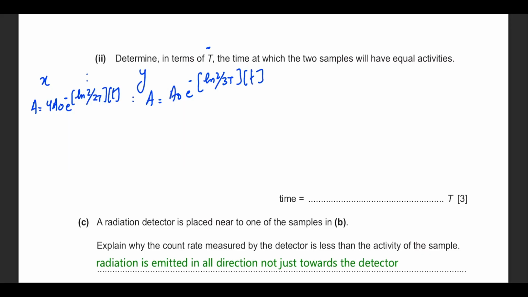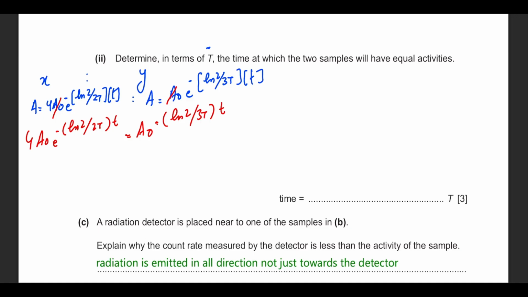We can see clearly that A naught and A naught are getting cancelled, right? What we're left with is this equation: A naught e raised to the power negative ln 2 divided by 2t, capital T, into t equals 4A naught, the one with the 4 bar, into negative ln 2 divided by 3t into t.